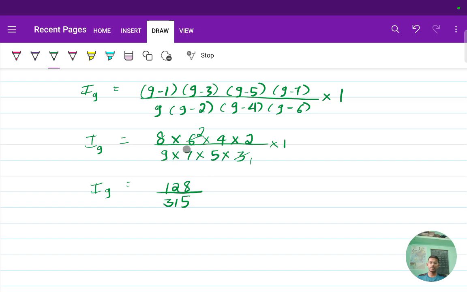So this is the required solution for the integration over 0 to pi by 2 of sine power 9x dx.